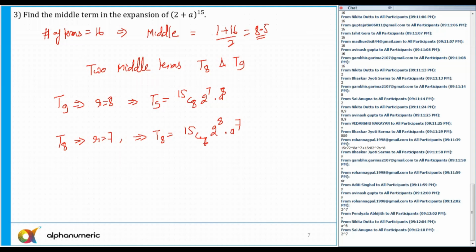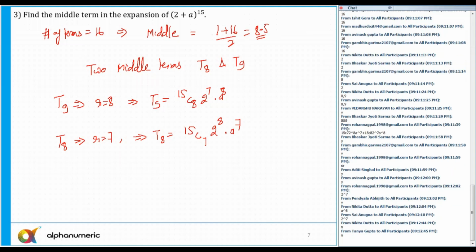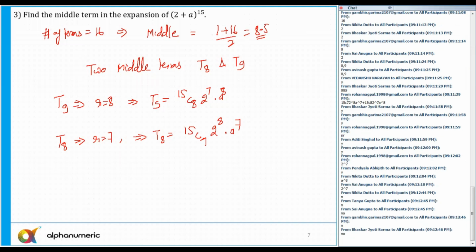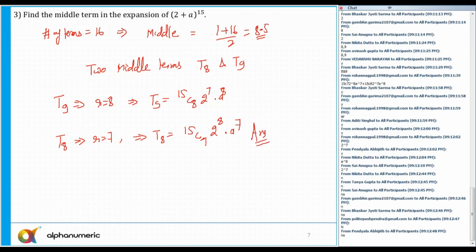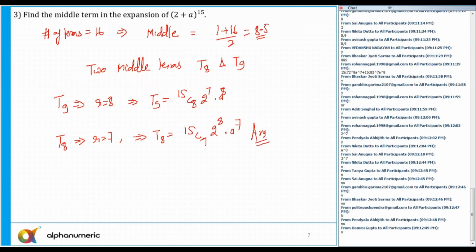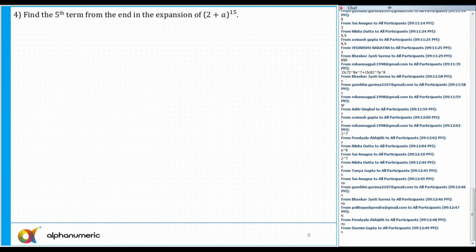Any doubts to anyone now? Please respond. So there is only one formula with the help of which we can solve most of the questions. All right. Find the fifth term from the end in the expansion of 2 plus a raised to power 15.